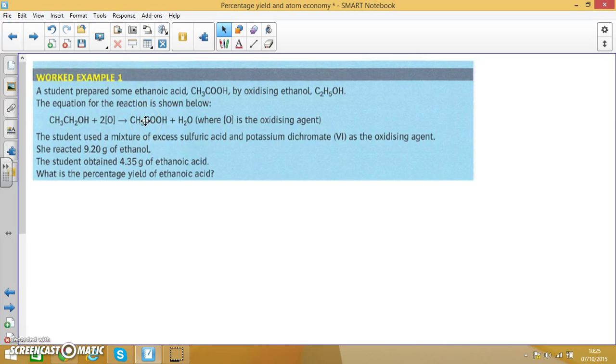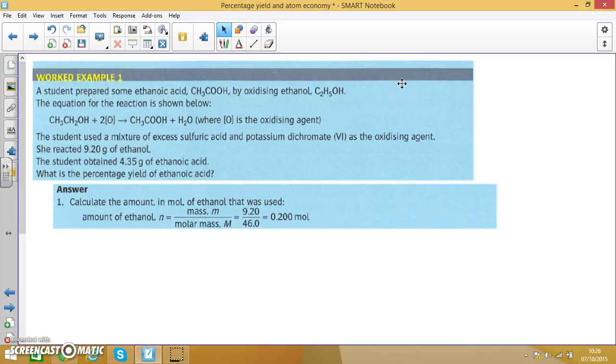So the first stage of this equation is to work out how many moles of the ethanol we have at the start of the reaction. So to do that, we use our general mole equation. Number of moles equals the mass of the substance over its molar mass. And in this case, with the ethanol, we're told that we have 9.2 grams.